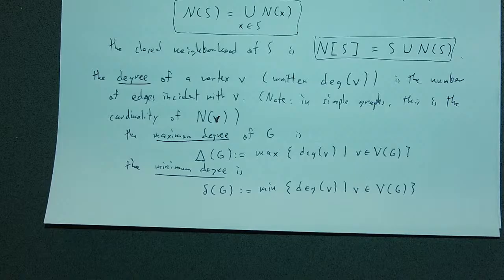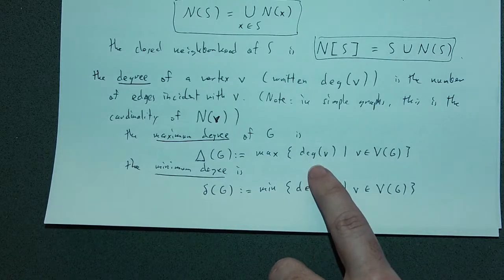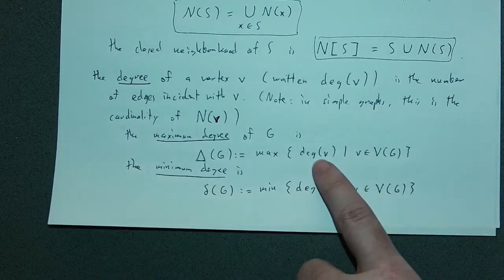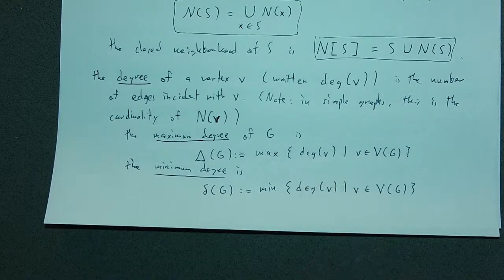Whenever you're taking the max or min of a set, you might get a little nervous because you might have flashbacks to Math 410 or real analysis, talking about infimums and supremums and maxima and minima. That can be a little dicey here. But we don't have to fret because we're in finite land, right? We're in finite and discrete land, so it's not so scary here to think about these things because we can actually just list out, right? These are finite graphs, so we could list out every single degree for every single vertex, right?